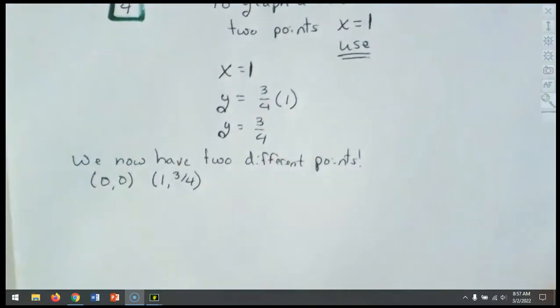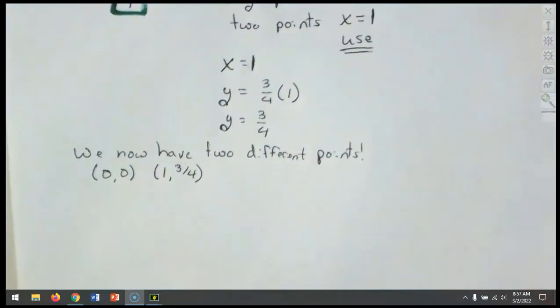So if you don't have 2 different points, what do you do? You pick another value for x. Now you can use anything that you want for x. I could have picked x equals 4, and that would have gotten rid of the fraction. I specifically just picked 1 because I want us to see how we graph and handle a fraction.